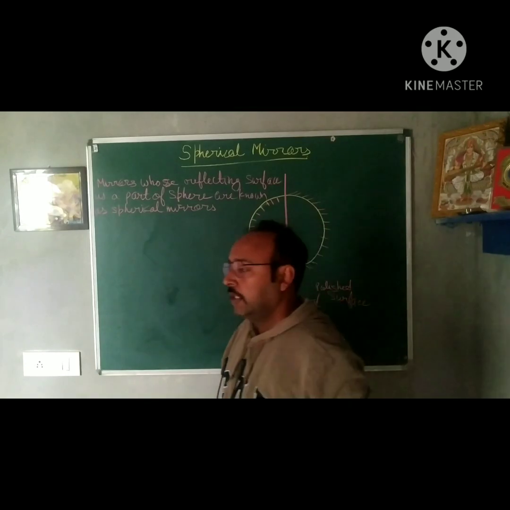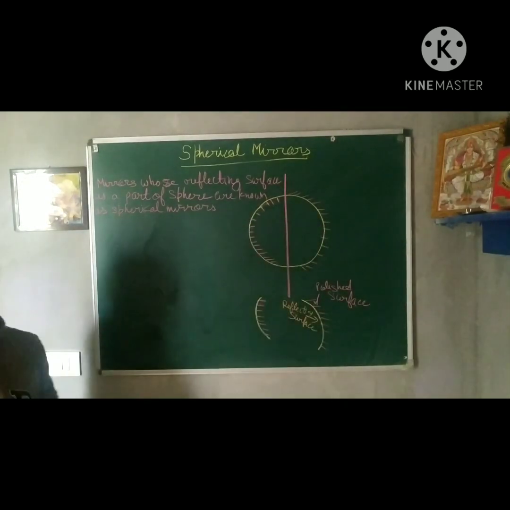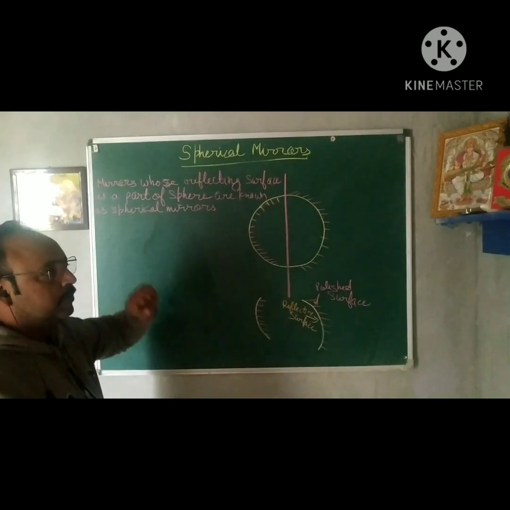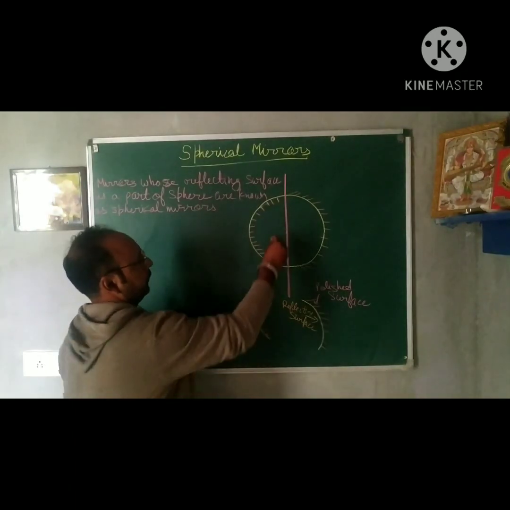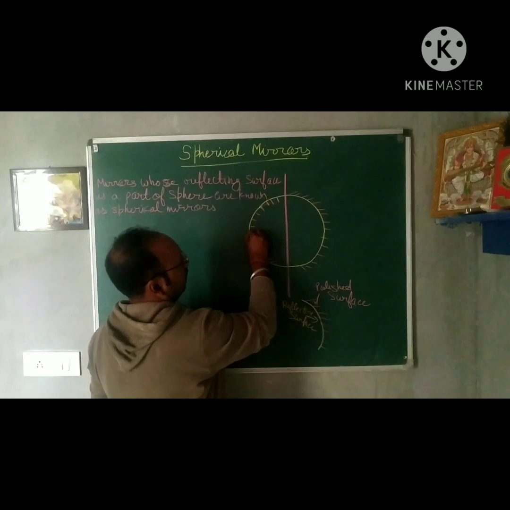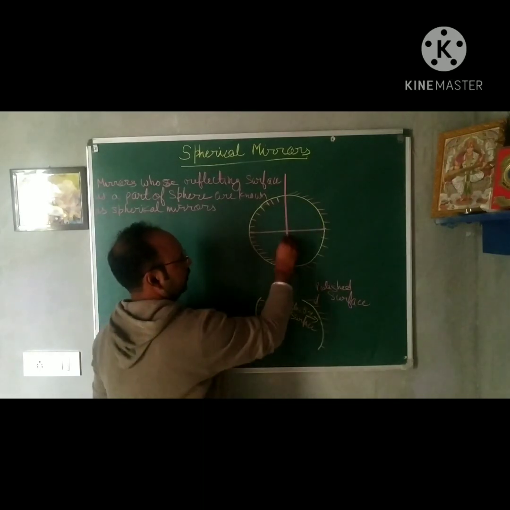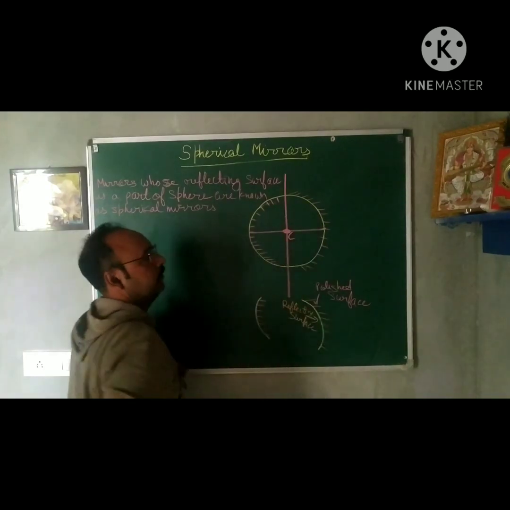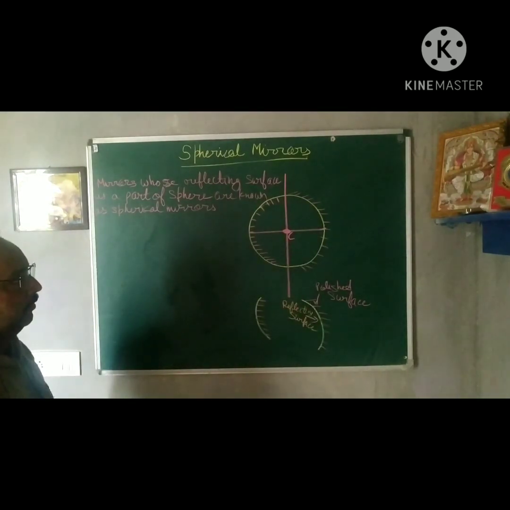Now there are terms related to these spherical mirrors. If I consider this, there might be one diameter and there might be one center, that is C of this, right?